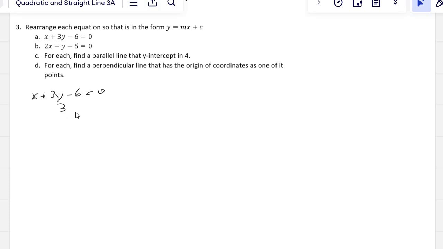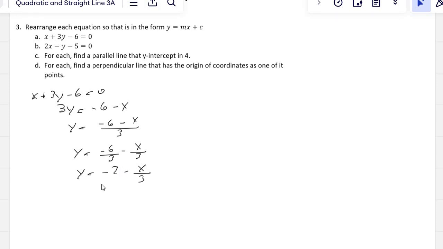So you say 3y equals minus 6 minus x. Y equals minus 6 minus x, divided by 3. Y equals minus 6 divided by 3 minus x divided by 3. Y equals minus 2 minus x divided by 3.